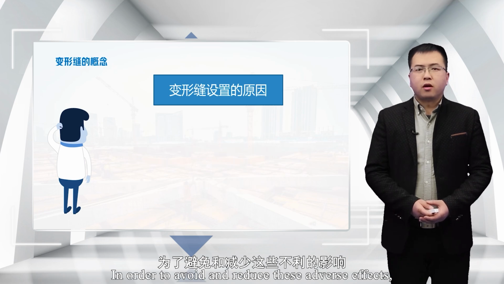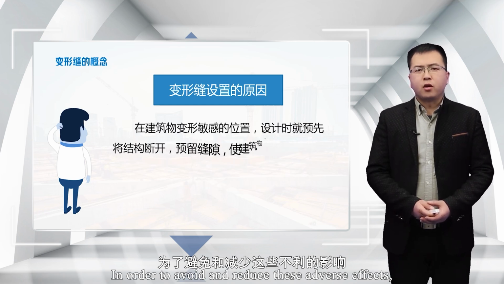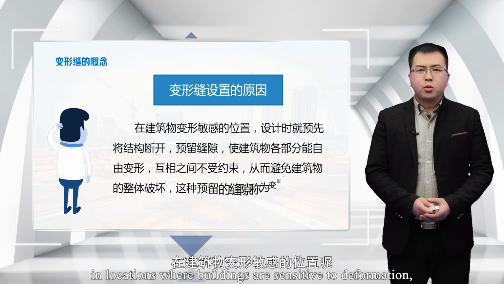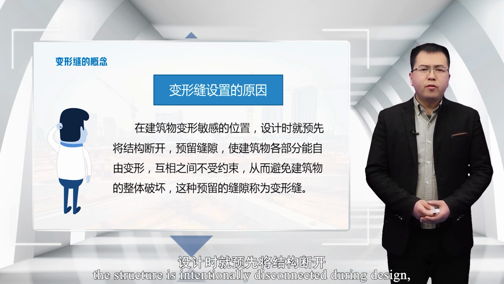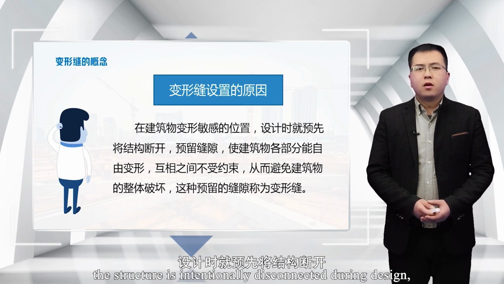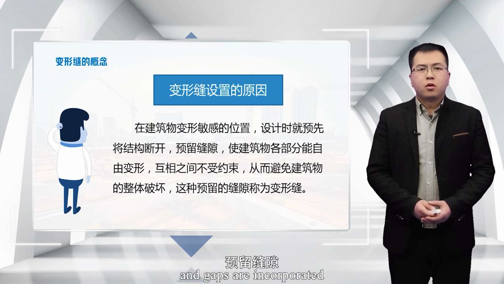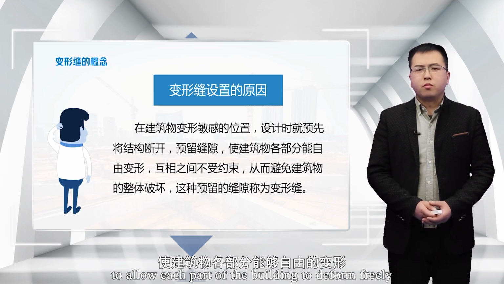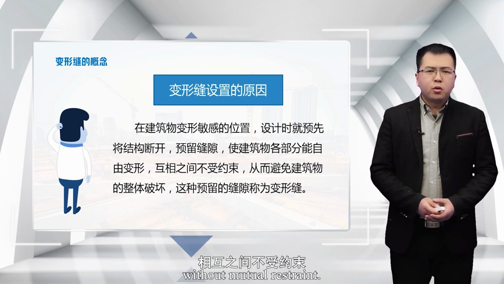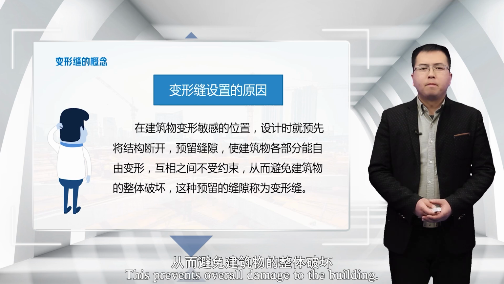In order to avoid and reduce these adverse effects, in locations where buildings are sensitive to deformation, the structure is intentionally disconnected during design, and gaps are incorporated to allow each part of the building to deform freely, without mutual restraint. This prevents overall damage to the building.